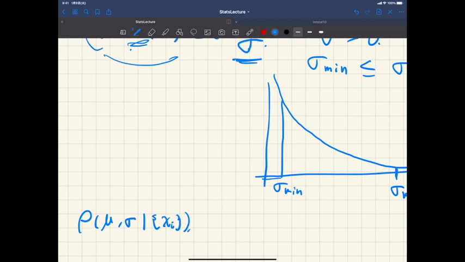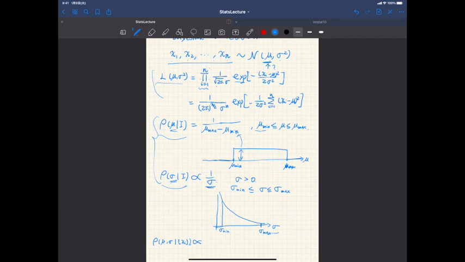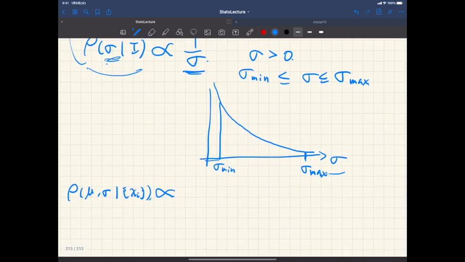So this will be proportional to this likelihood, and this prior distribution for mu and prior distribution for sigma.